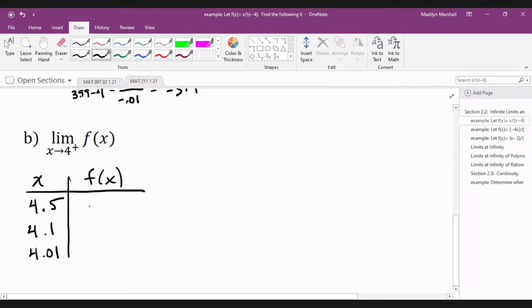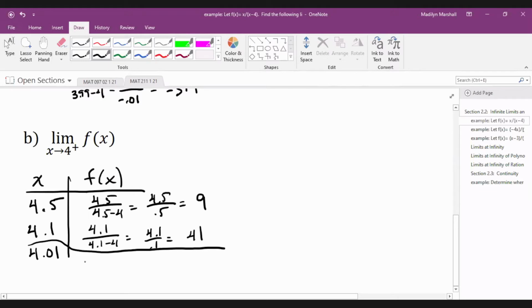And so if we plug in 4.5 into our function, we will get 9, and then 41. I made a bad table again.